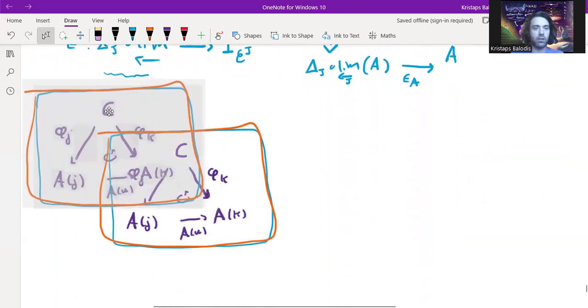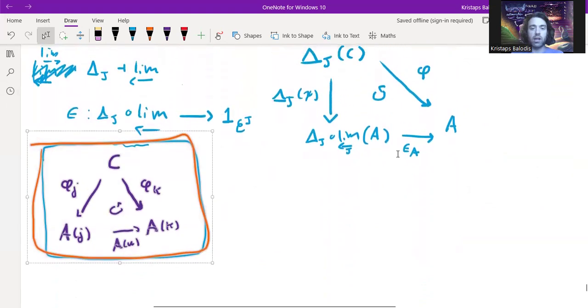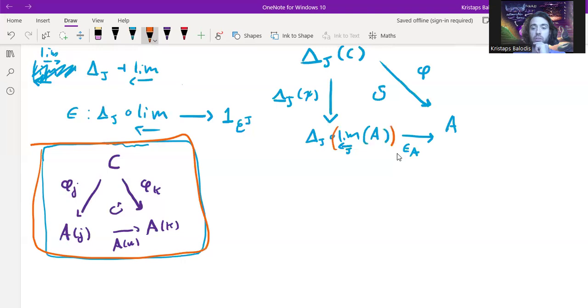Fantastic. So I've got that. And now I'm just going to unpack this for delta, for this natural transformation with epsilon A. So what am I going to have? Well, I will have lim J A, right? This is playing the role of where my C is in this picture over here.